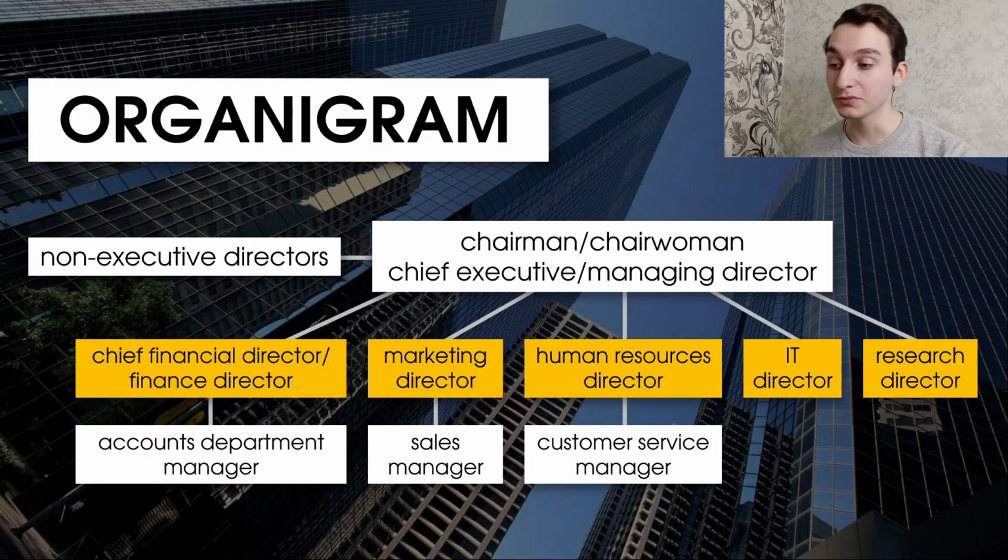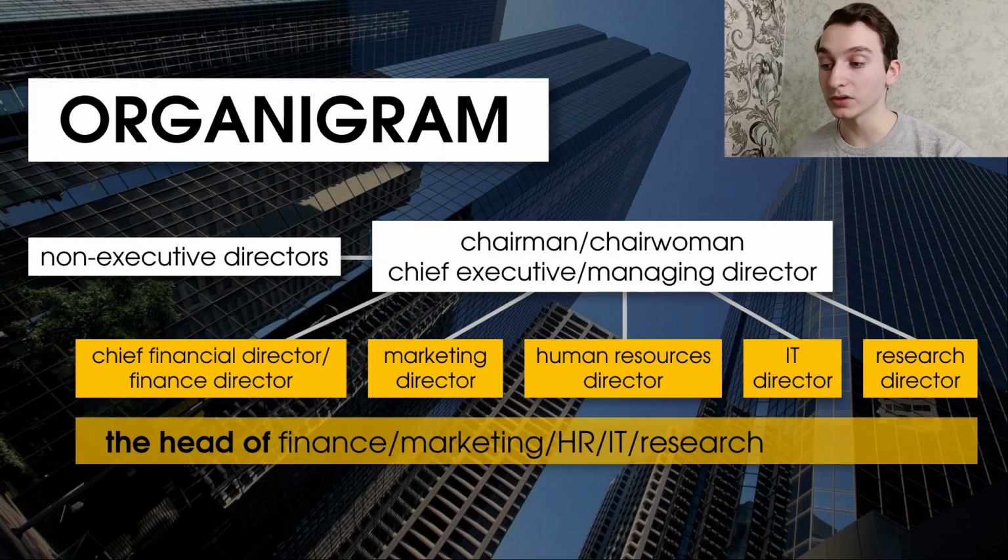So now let's dive deeper and we see actual departments now. For example, finance, marketing, human resources or HR, IT department, and research department. And they have their own executives, their own bosses. So chief financial director or finance director, marketing director, human resources director or HR director, IT director and research director.